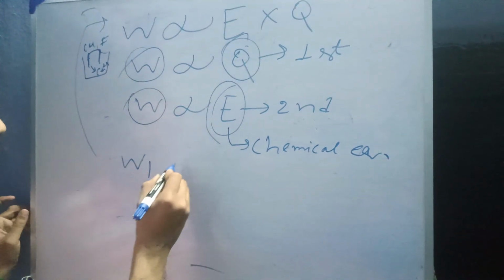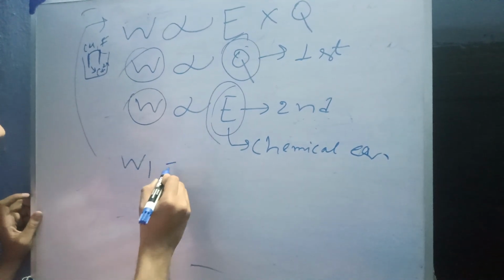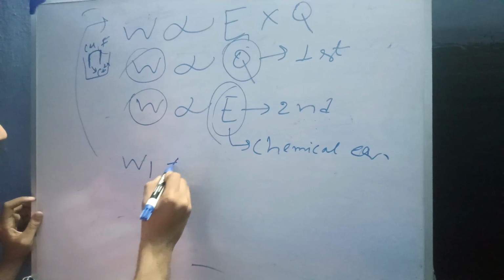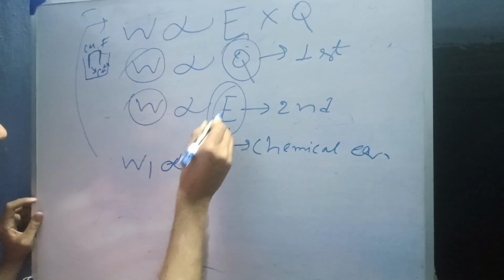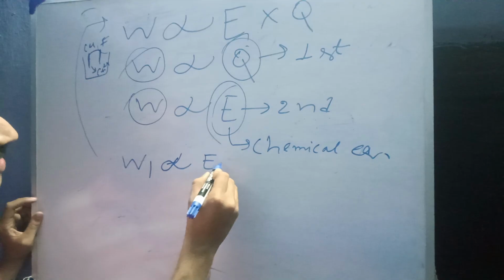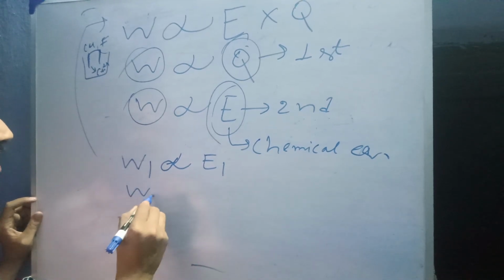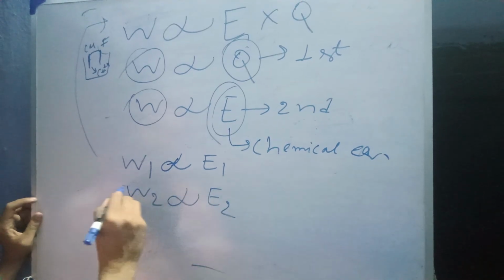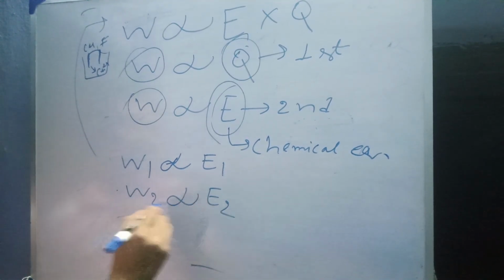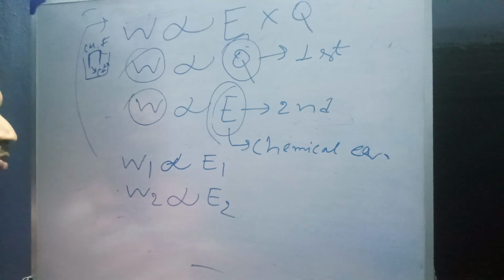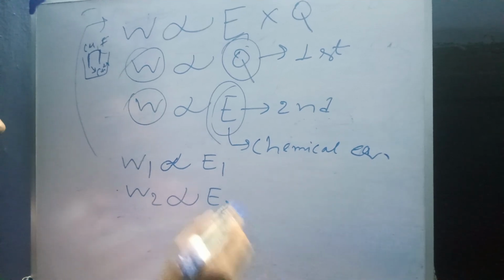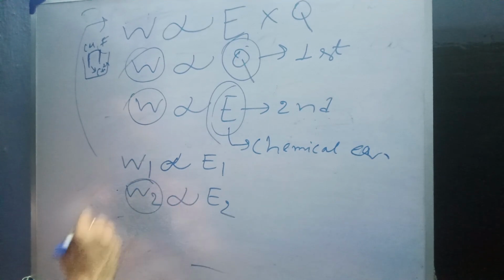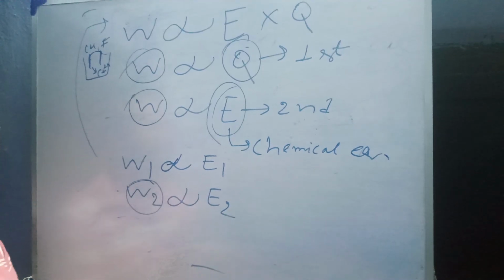Then W1 is proportional to its equivalent weight E1, and W2 is proportional to E2, for another species whose equivalent weight is E2, if we pass the same amount of current, and it gives W2 gram of product.